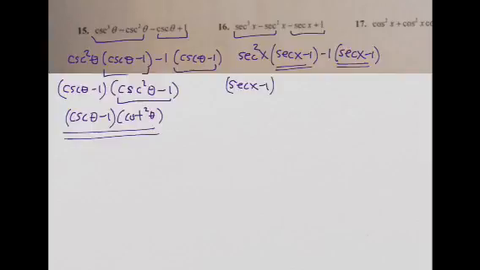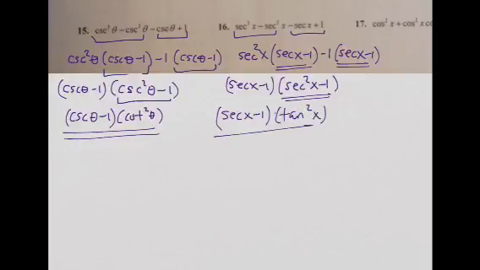Okay, and then secant squared x minus 1. Now this can be replaced with tangent squared. So secant x minus 1 times tangent squared. And again, that's as far as we can go with that one.